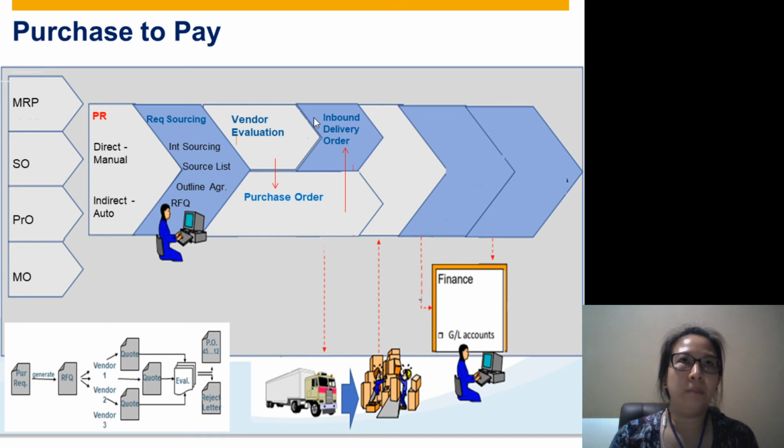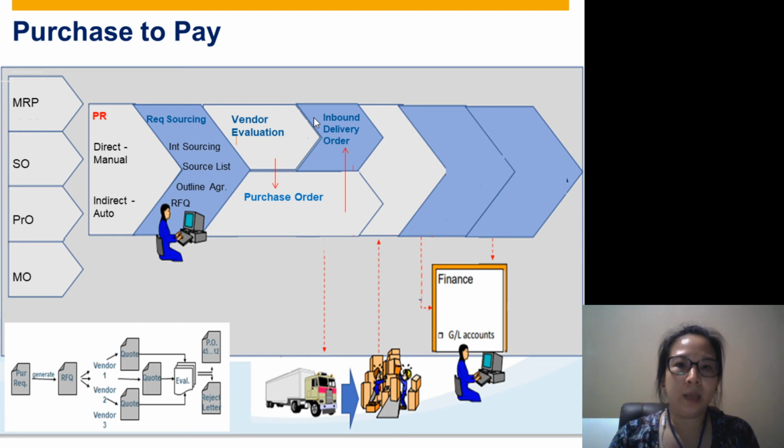In the inbound delivery order, it will state all the material and the quantity that will be shipped from the vendor. It means that the material and the quantity cannot be changed or input manually. Whatever is stated in the PO will also appear in the inbound delivery order.